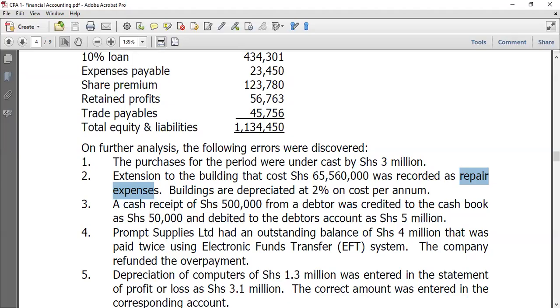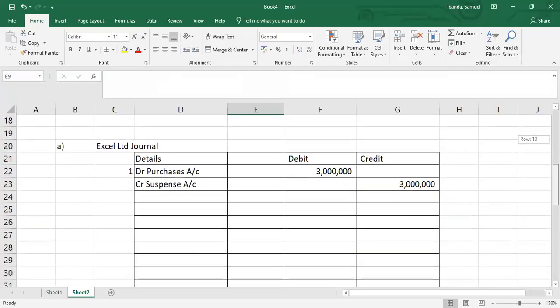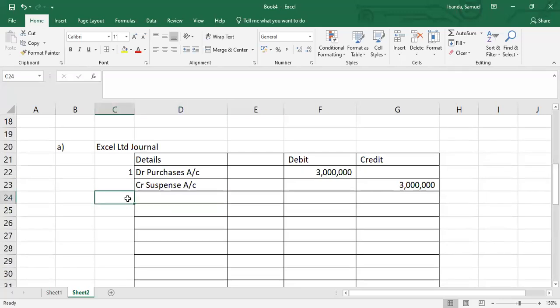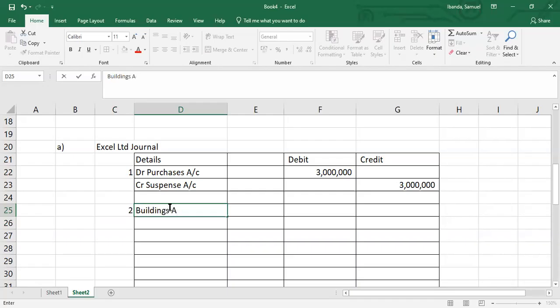You basically come to your correction of errors here and say, this is part 2. Okay, let me just record it here. So I'm going to debit my buildings account. Buildings account. Okay. And then I'm going to credit my repair expense account.